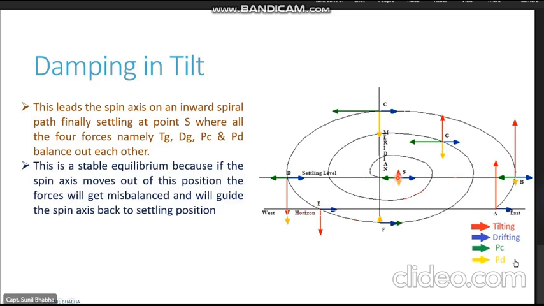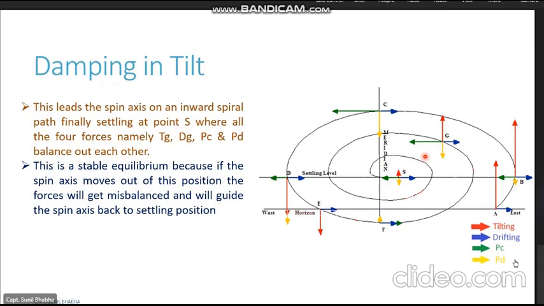This is a stable equilibrium because if you try to move the spin axis out of this position, the forces will get disbalanced, and will guide the spin axis back to the settling position. Let's say, for example, the spin axis has settled here and you apply an additional force in this particular direction and take it somewhere here and leave it.